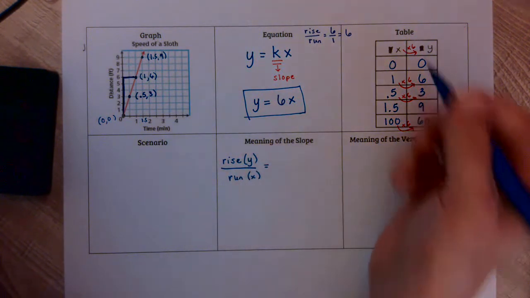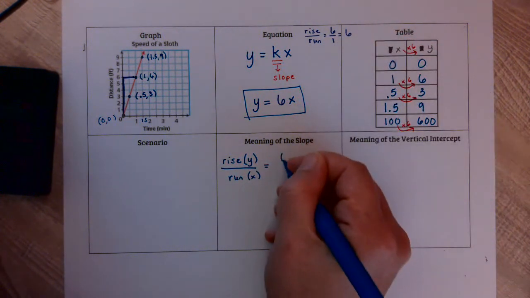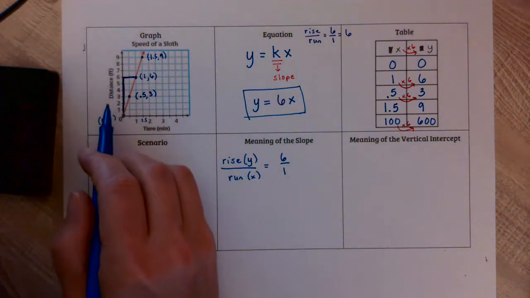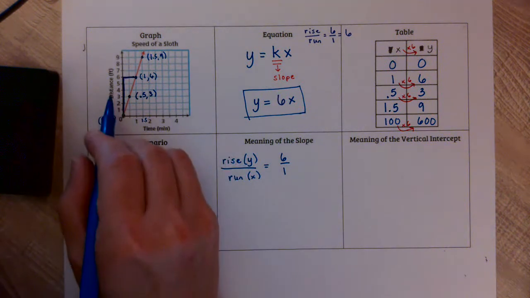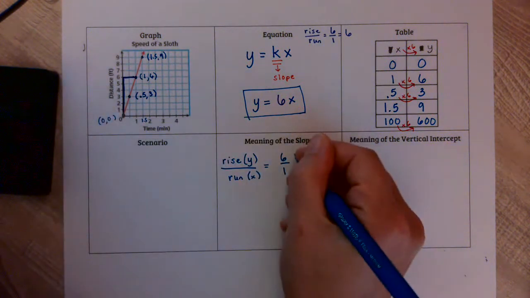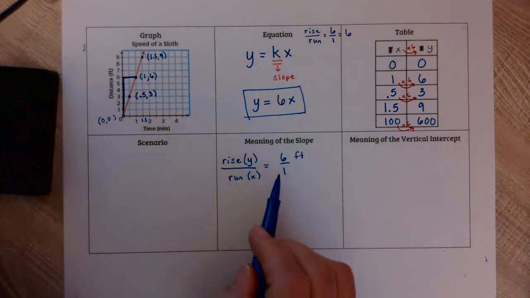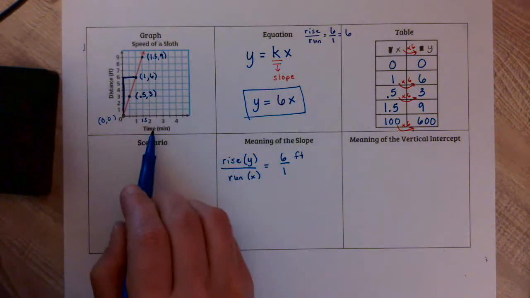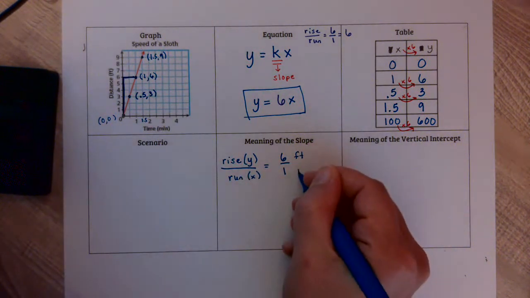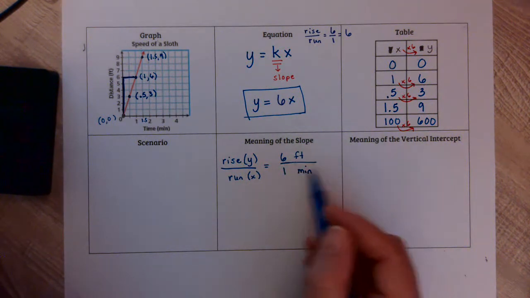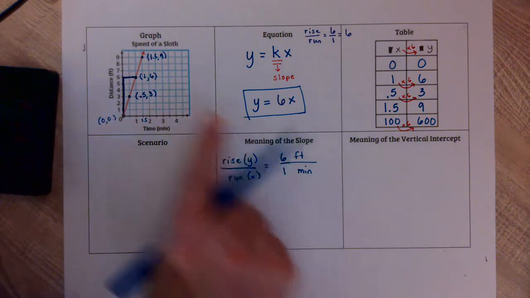So we just figured out the slope was 6 over 1, so I'm going to write that. And then I'm going to take the labels from here to make meaning of it. So the label on the y is a distance in feet. So this is saying 6 feet. And the 1 on the run is in time, minutes. Well, to make meaning of this slope fully, let's put it in the context.